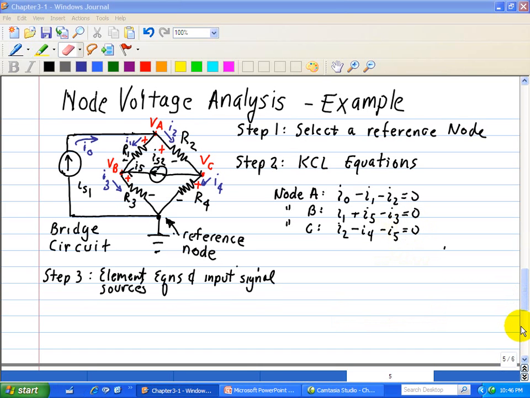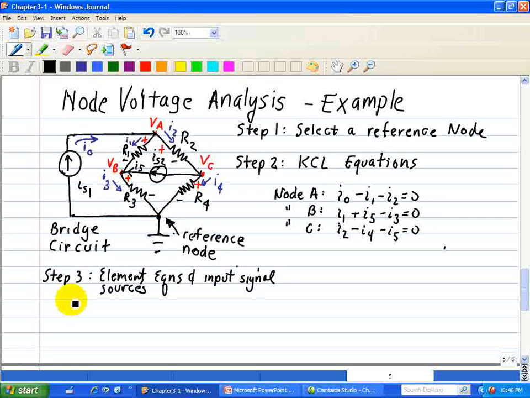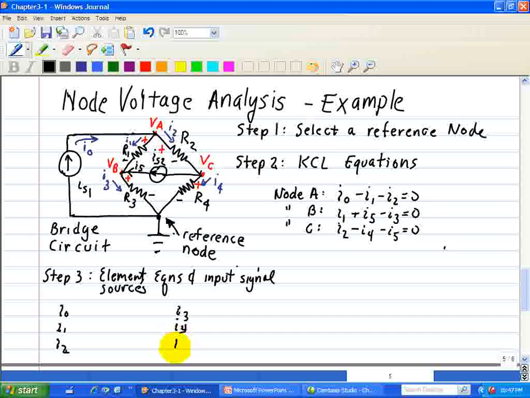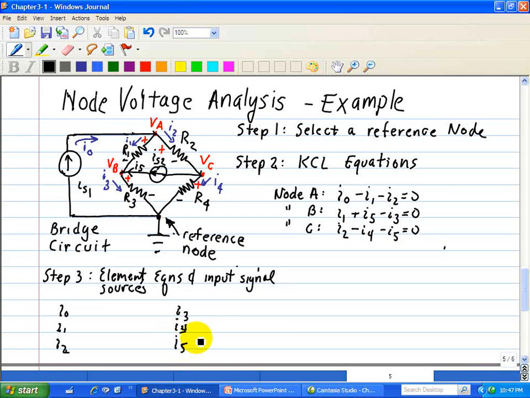Now the third step involves expressing our currents in terms of the unknown node voltages. So we'll go through the element equations and the input signal sources. So for I0, I1, I2, I3, I4, and then I5.